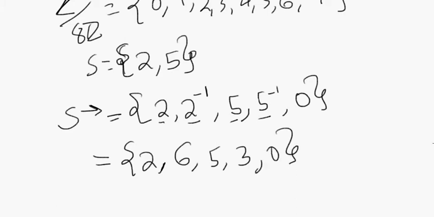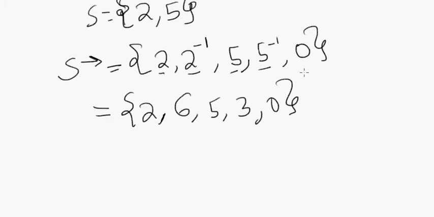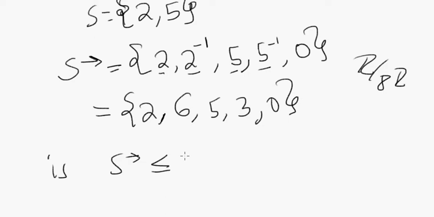So question, is this a group? Is {2, 6, 5, 3, 0} a subgroup of Z mod 8Z? So let's see, is S extended a subgroup of Z mod 8Z is the question.